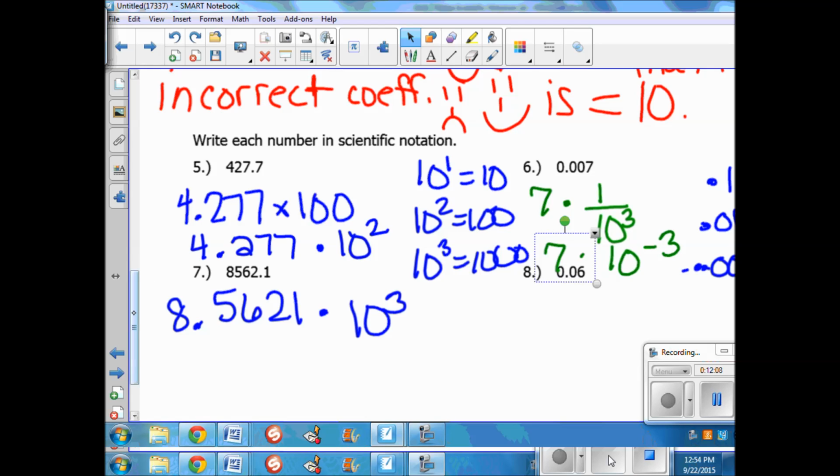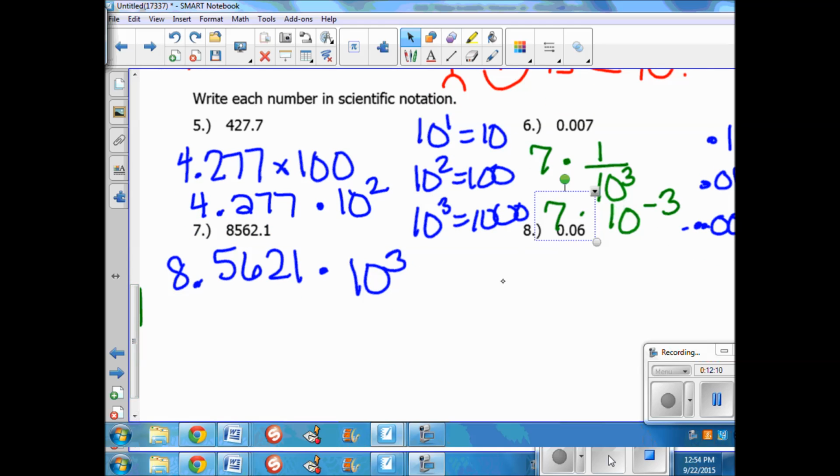Let's try number 8. Hopefully, if you didn't catch on to number 6, you'll catch on to number 8. So we've got 6 hundredths. There's my coefficient. Okay, remember it's got to be between 1 and all the way up to, but not equaling 10. Now we've got to have a power of 10. So right now, that is 6 hundredths.